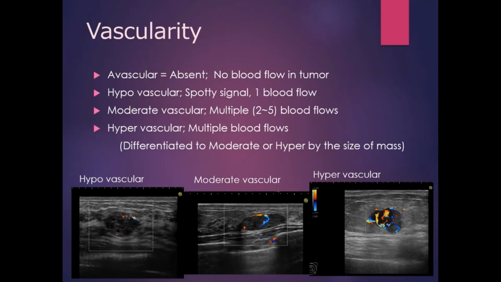Avascular means no blood flow in a tumor, same as absent of virus. Hypovascular means only spotty signal or one blood flow found inside the tumor. Moderate vascular means multiple, approximately 2 to 5 blood flows inside the tumor.